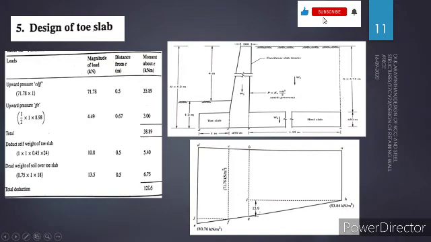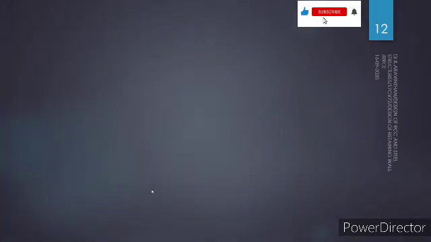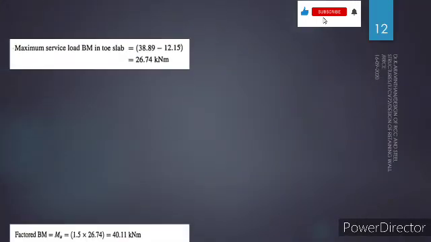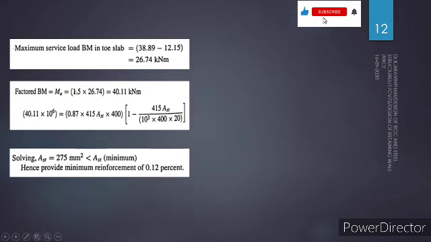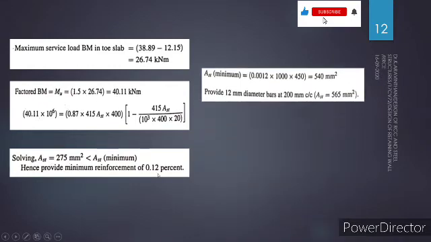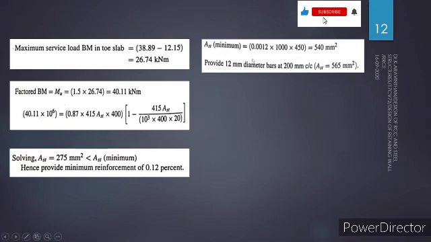38.89 minus 12.15, you will be getting the net force. For this net force, we got 26.74, you have to multiply by the factor, and follow the same process we have been following: finding Ast and providing minimum reinforcement, checking for minimum reinforcement, which is 275 mm square minimum.